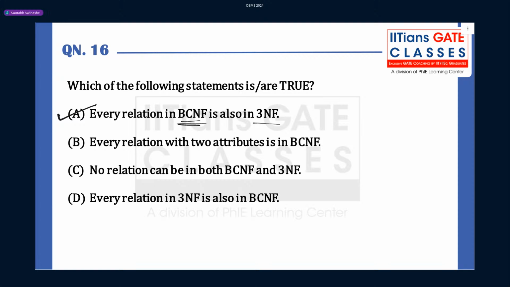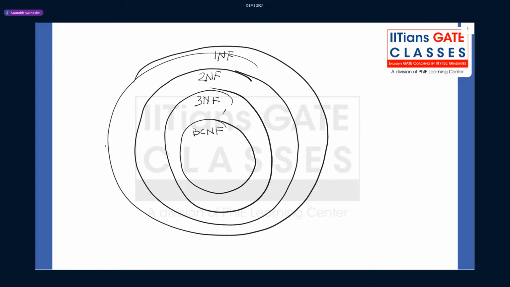So we had seen this in the classes on normalization, right? We had seen the proof for this, that every relation with two attributes is in BCNF. If you go through that class, you can go through the proof for that. Basically, what you can do is take a relation with two attributes, A and B, and try out the different functional dependencies.